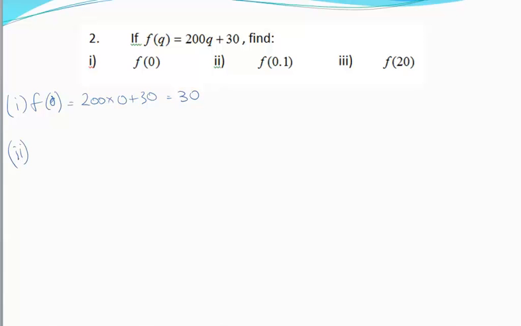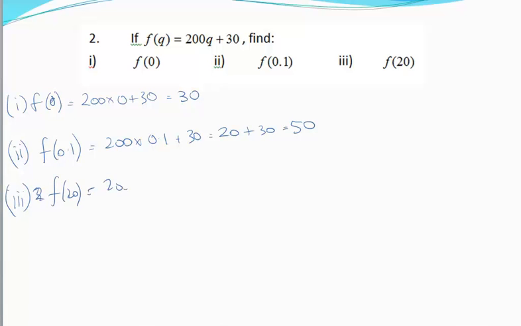For 2, 0.1: 200 multiplied by 0.1 plus 30 becomes 20 plus 30, which is equal to 50. And for 3, function of 20: 200 multiplied by 20 is 4,000, plus 30 is 4,030.